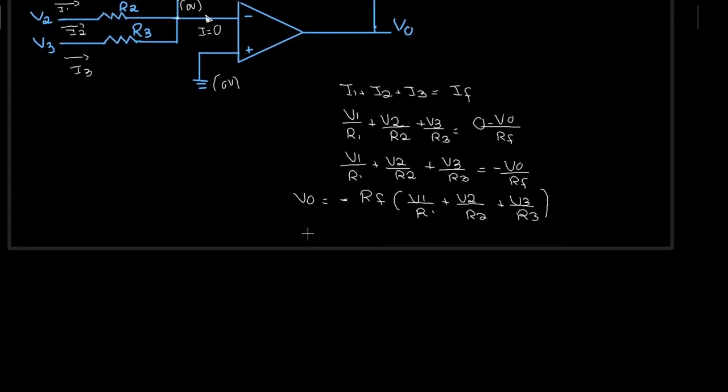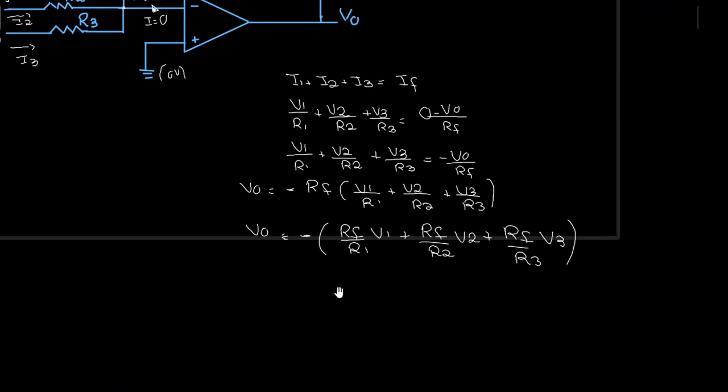So V0 will be equal to minus (RF by R1 into V1 plus RF by R2 into V2 plus RF by R3 into V3). This is going to be my equation for the output voltage of this summing operational amplifier.